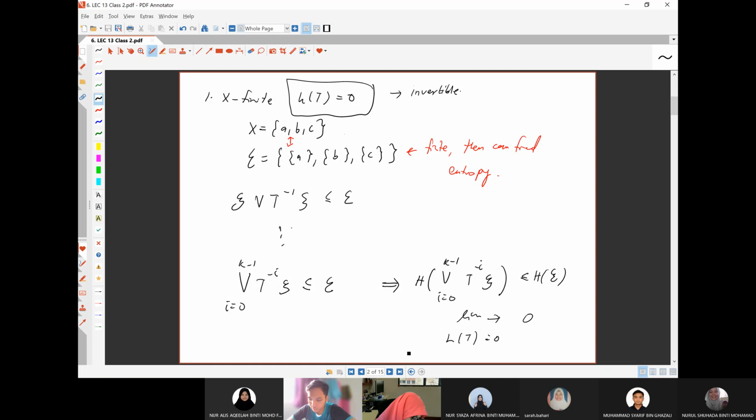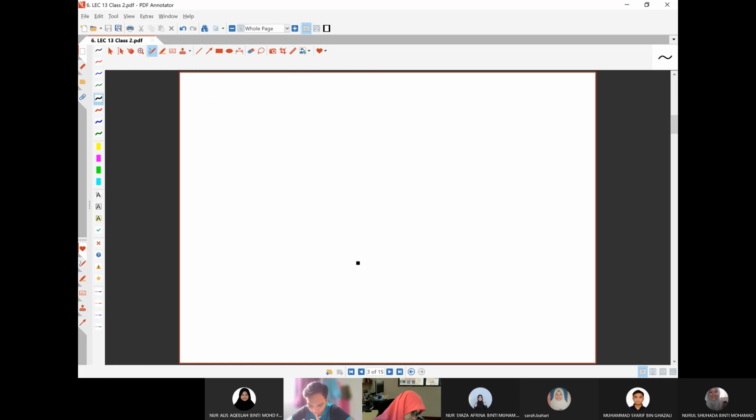Okay, now for the second example, if you have this set 0 and 1, and you consider m the usual Lebesgue measure, and you have the r-adic transformation.